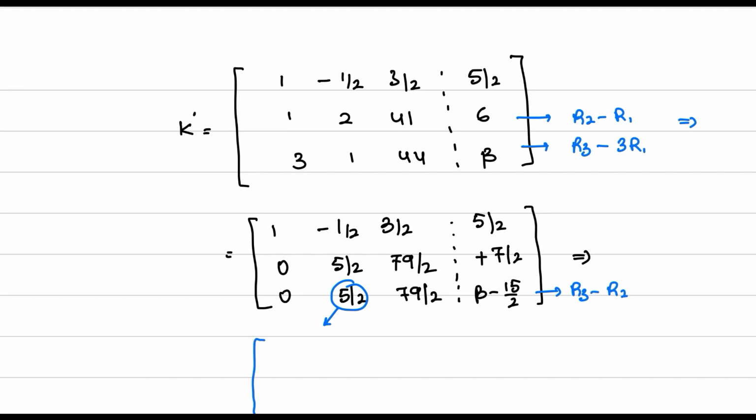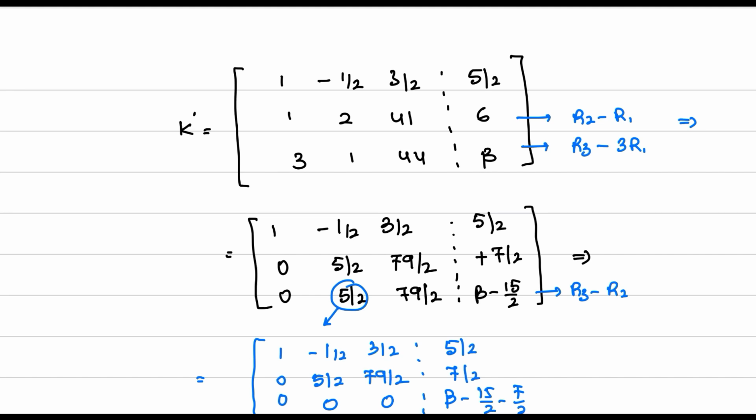This will be 1, 0, 0, minus 1 by 2, 3 by 2, 5 by 2, 79 by 2, line is to be drawn, 5 by 2, 7 by 2. R3 minus R2 it is 0, also 0, then R3 is beta minus 15 by 2 minus 7 by 2.